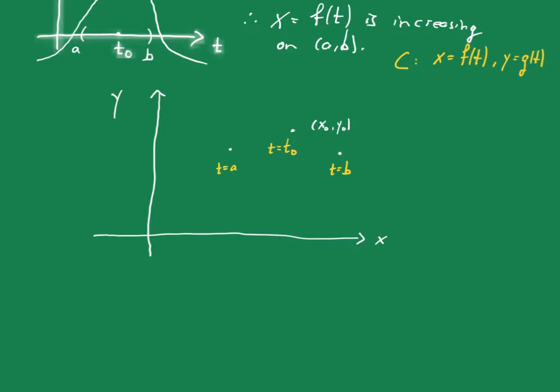In other words, as we follow along the curve determined by these parametric equations, we must actually move from left to right to ensure that our x-coordinate is increasing. All right, so let's draw that. I have to do something like this. So between t equal to a and t equals b, our x-coordinate must increase.